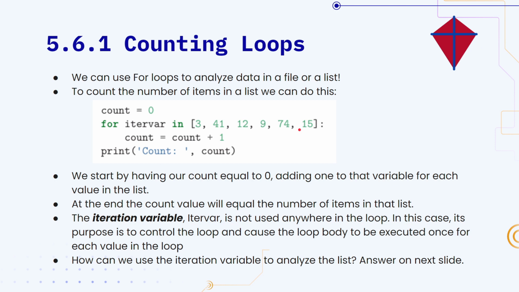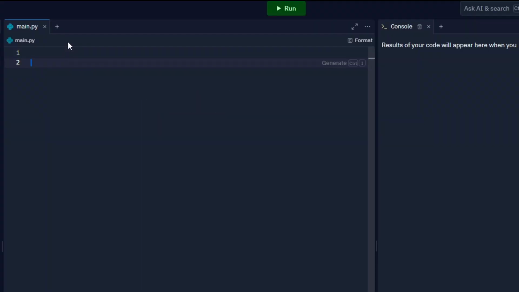So I'm going to replicate this type of code in a Replit real quick. So let's say we have a list like this, and we're going to say list equals 1, 2, 3, 9, 10, 22, 3, 65, 32.